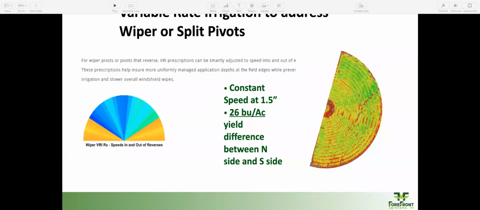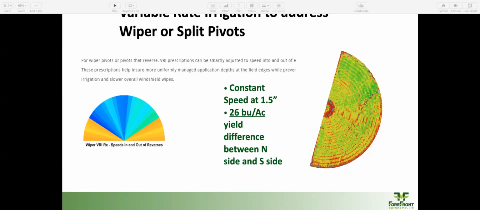We deal with windshield wiper pivots out here, and thinking through how we manage that. A lot of times we end up getting stuck because we're backing that pivot up. We're putting too much water on in parts of it, not enough in the middle of the field. And so there's ways to develop different strategies to kind of offset that.